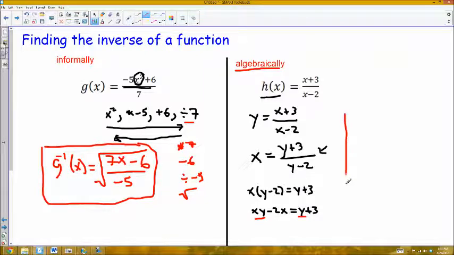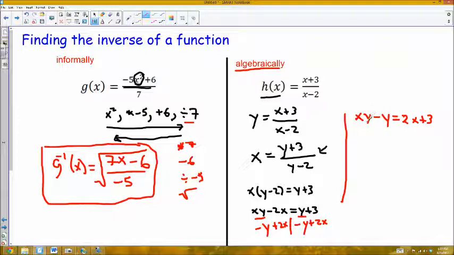So I'm going to subtract y from both sides and add 2x. I'm subtracting y from both sides, and I'm adding 2x to both sides in order to get my y's to one side and everything else to the other. So that will give me xy minus y is equal to, oops, sorry, this was supposed to be an x, 2x plus 3.